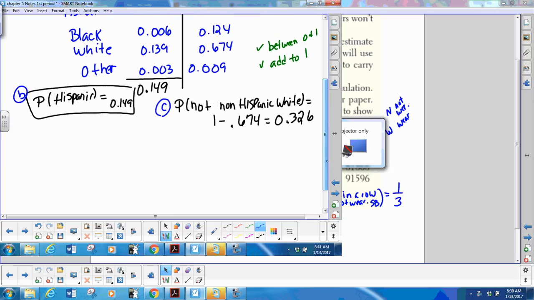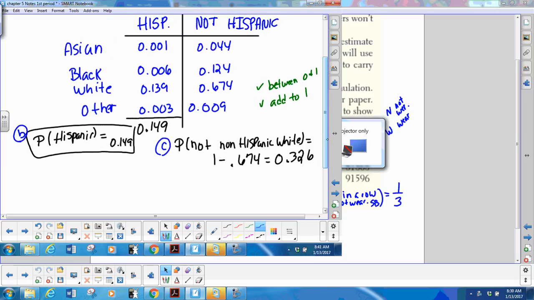Let's see if I can get D while we can still look at it. Okay, this is actually the one that I thought was good, which is why I was glad you asked about this one. Why is the probability of white or Hispanic not equal to the probability of white plus the probability of Hispanic?